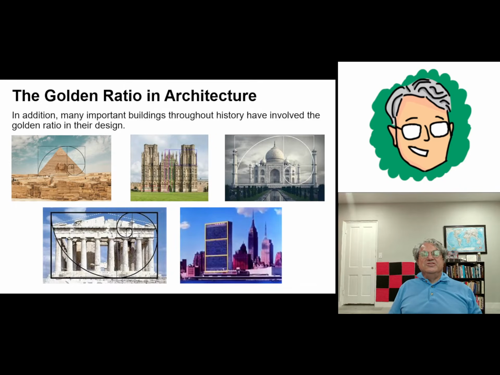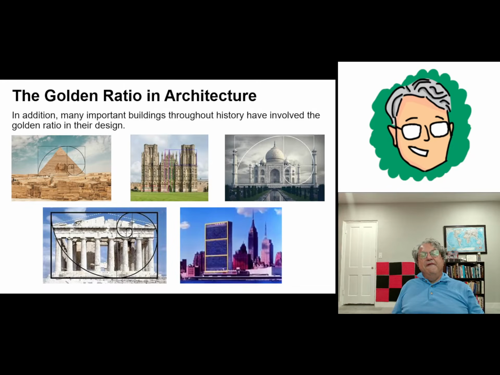But at least here's a picture of the Parthenon, and you can see how the golden ratio fits into its geometry. The ratio of the width of the Parthenon to its height is approximately the golden ratio, and it's also used in several other places.